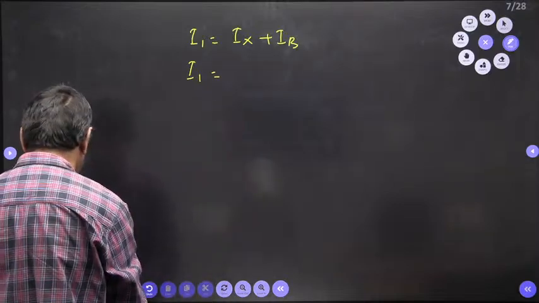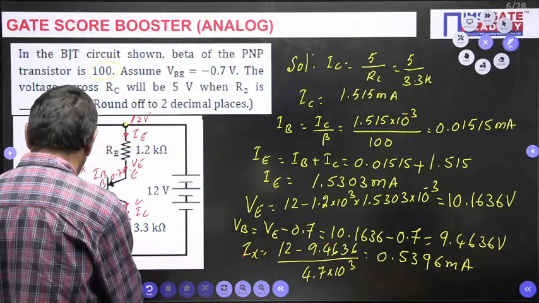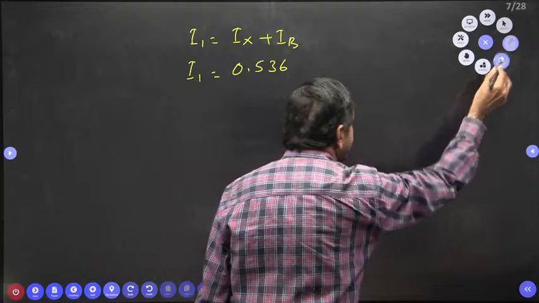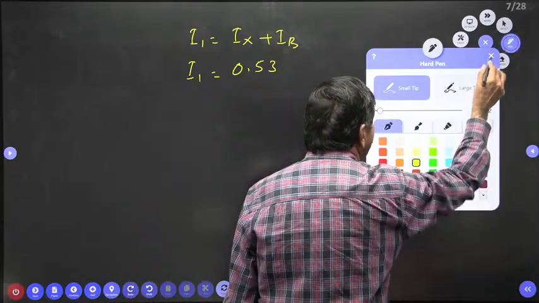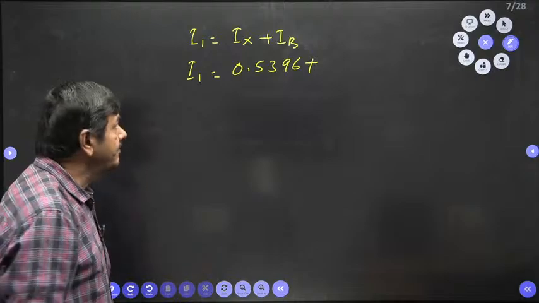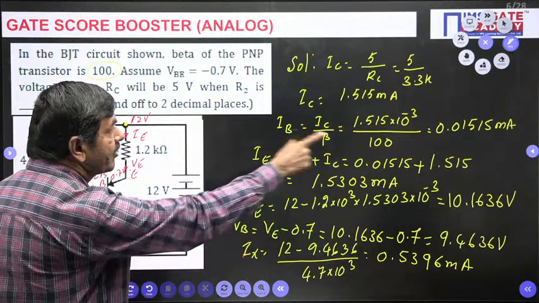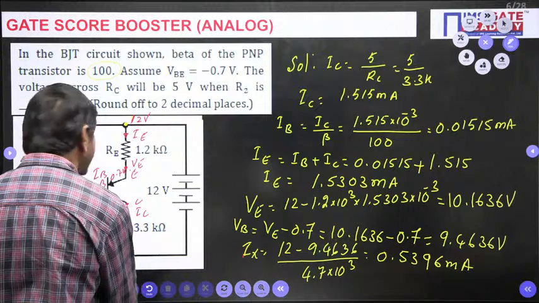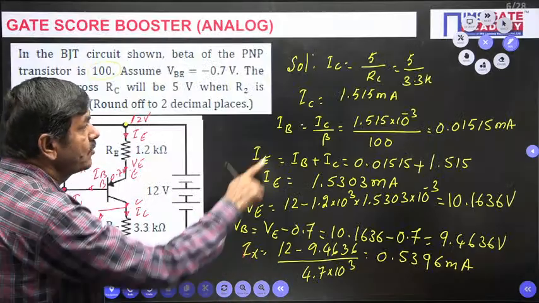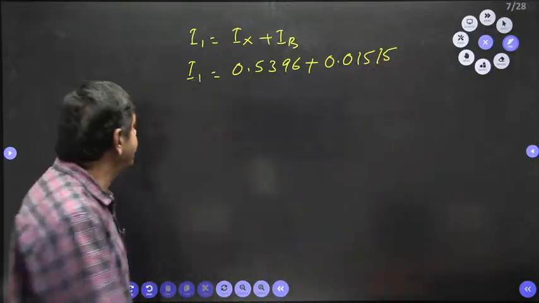Ix we got as 0.5396 milliamperes, and the base current we got as 0.0015 milliamperes. So the addition of these two currents gives the I1 value.